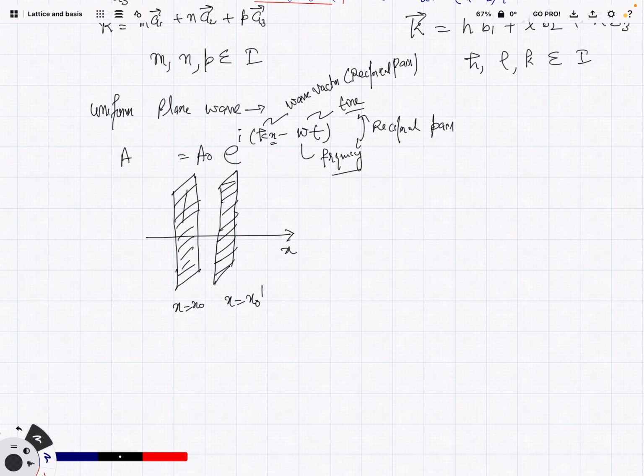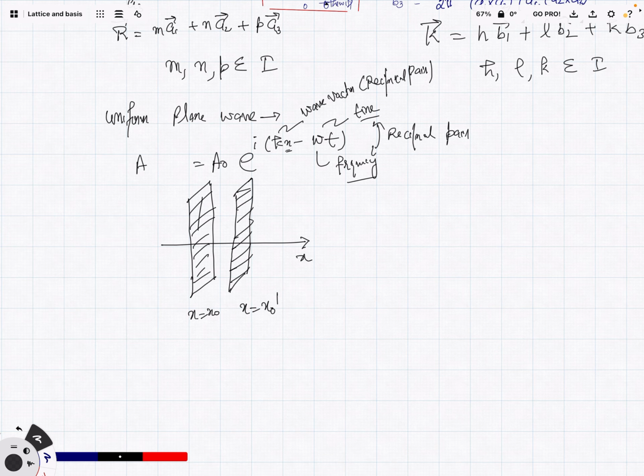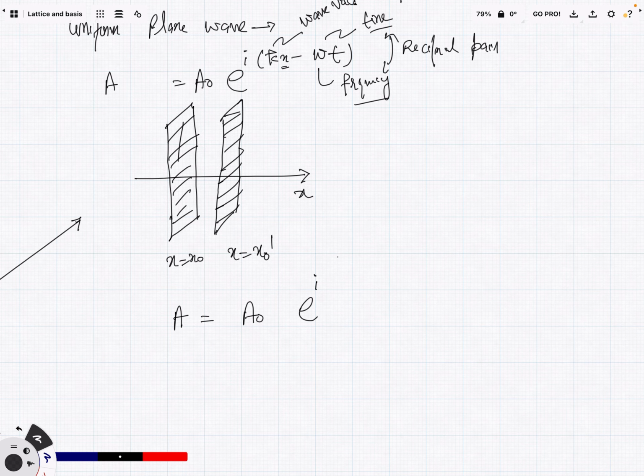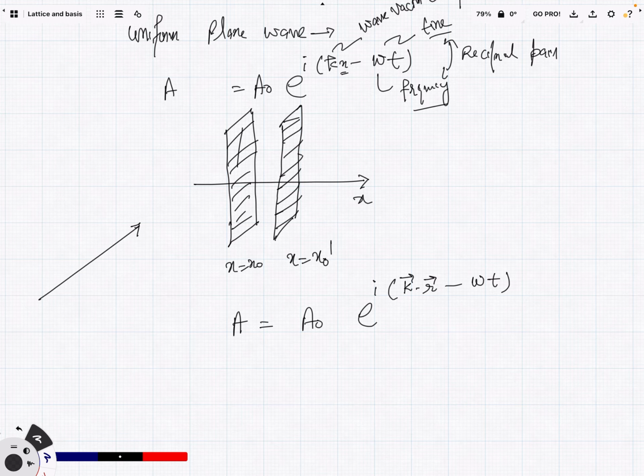So if I have a uniform plane wave moving in some arbitrary direction, it is described by a naught e raised to the power i (k vector dot r vector minus omega t).